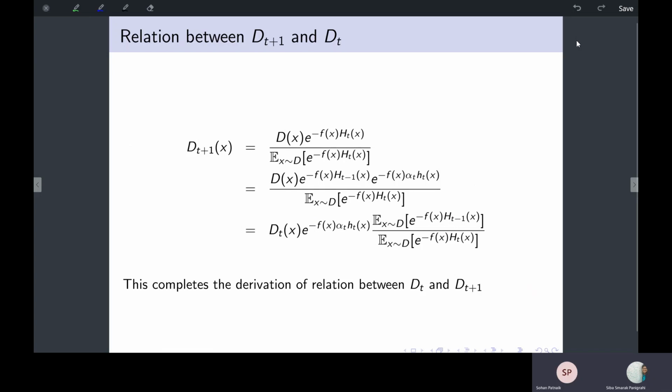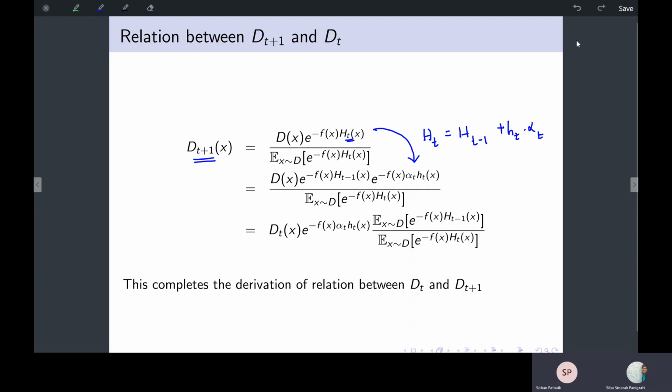Previously you saw that I had defined Dt(x) as D(x) into e to the power minus f(x) H(t-1)(x). In the argument of the exponential function, we had H(t-1)(x). Just replacing t by t plus 1, we obtain that D(t+1)(x) is equal to D(x) into e to the power minus f(x) H_t(x) divided by the expectation term. Now you observe that H_t(x) can be written as H(t-1) plus alpha t h_t(x). This is the method we are using for ensembling the weak learning models.